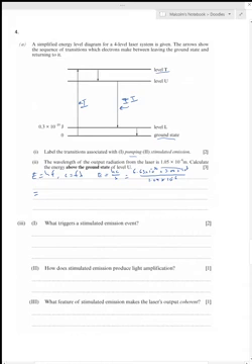So let me just grab a calculator. 6.63 times 10 to the minus 34 times 3 times 10 to the 8 divided by 1.05 times 10 to the minus 6. I've got 1.9 times 10 to the minus 19. That's a number of joules.